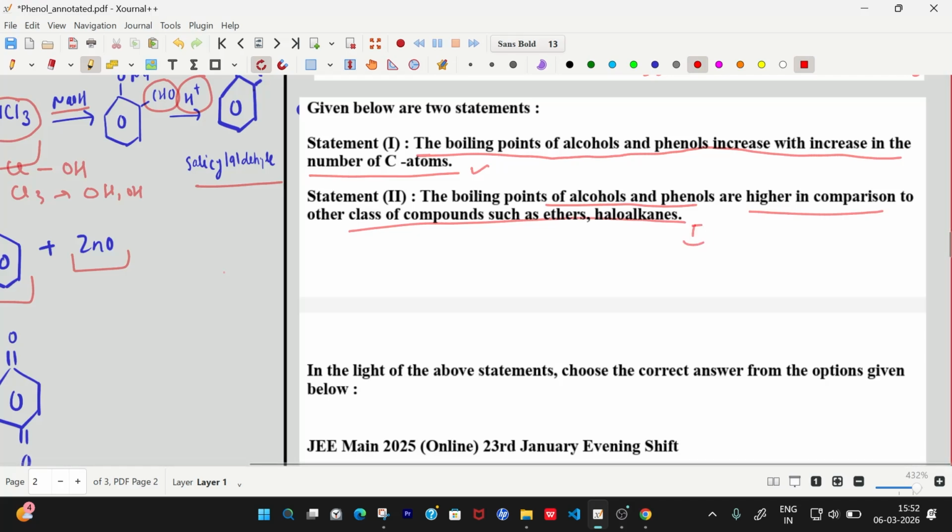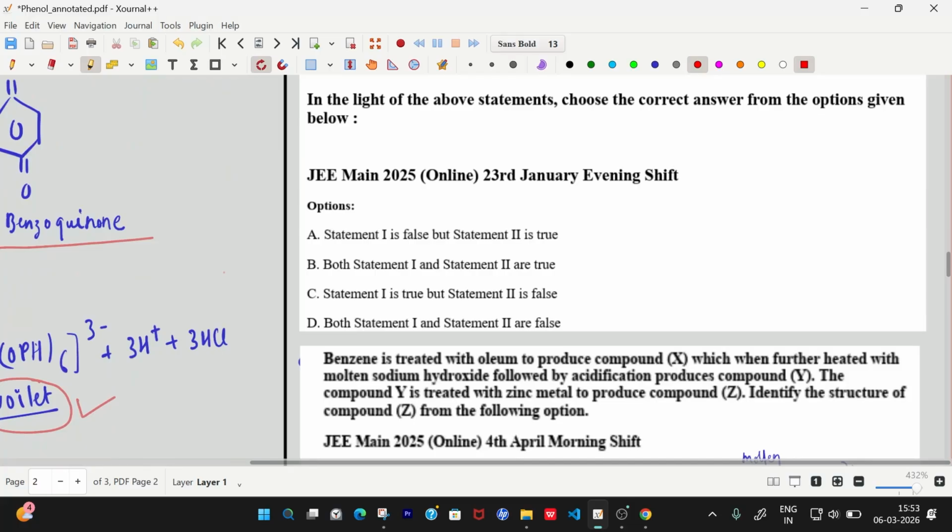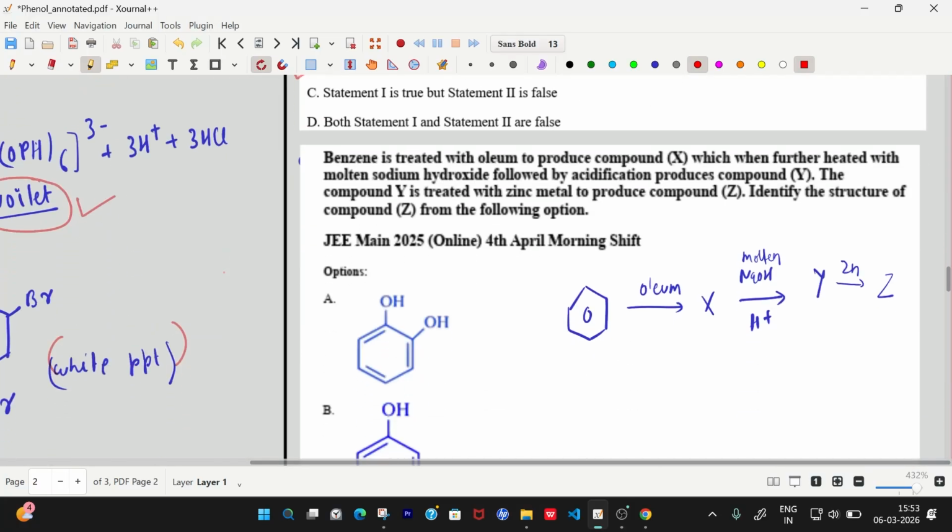Yes, this is also true because there will be stronger intermolecular forces in alcohol and phenol as compared to ether and haloalkanes. So statement 2 is also correct, statement 1 is also correct. So in this question B will be the correct answer.